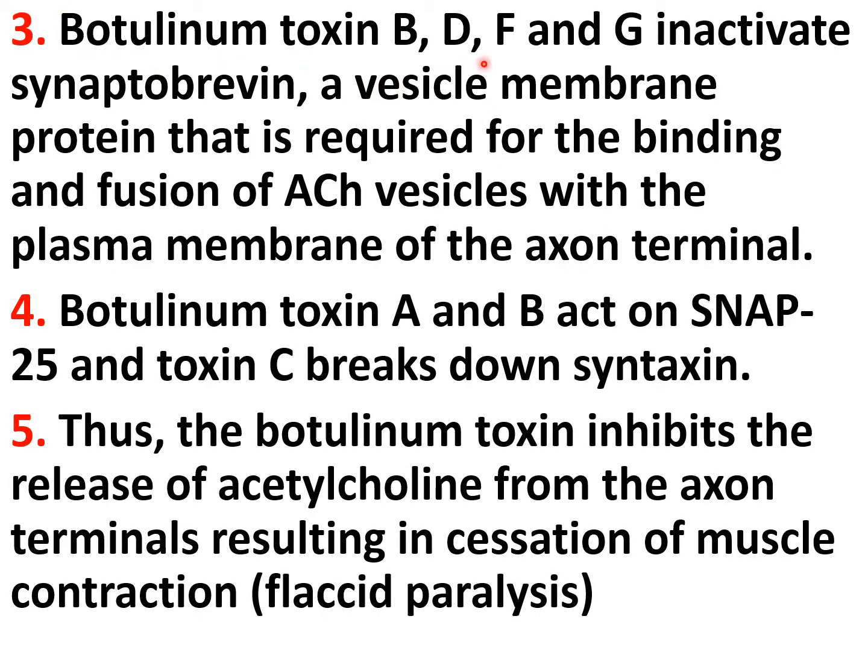Botulinum toxins B, D, F and G inactivate synaptobrevin, a vesicle membrane protein that is required for the binding and fusion of the acetylcholine vesicle with the plasma membrane of the axon terminal.